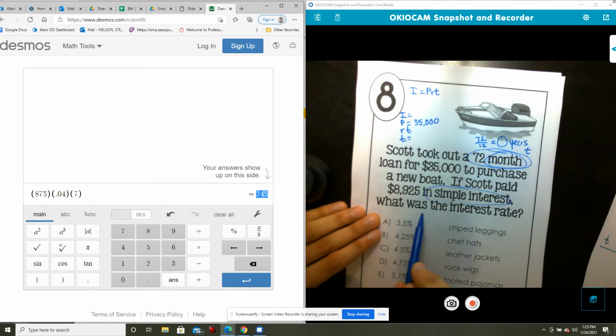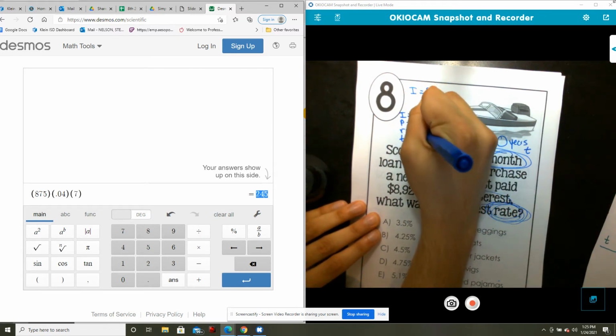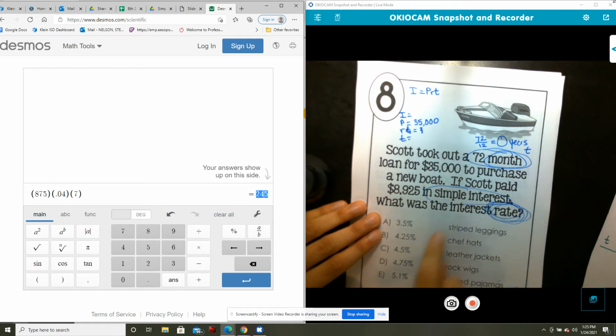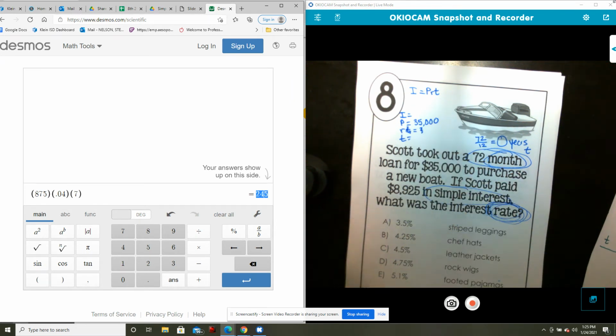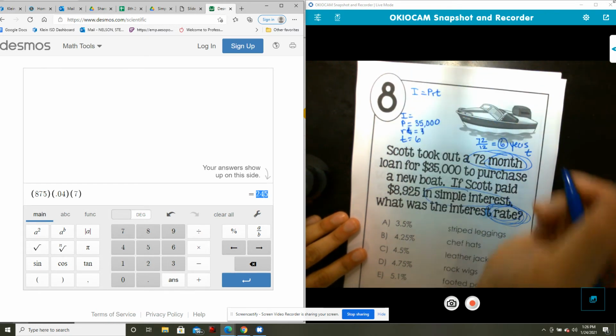What's the question asking for? What is the interest rate? Okay, this time we're looking for the rate. So I did that wrong. R equals, it's going to be our question mark. Our time, 72 months. So we're going to take 72 divided by 12 and get 6. So that equals 6. You can put in 6 for the T.